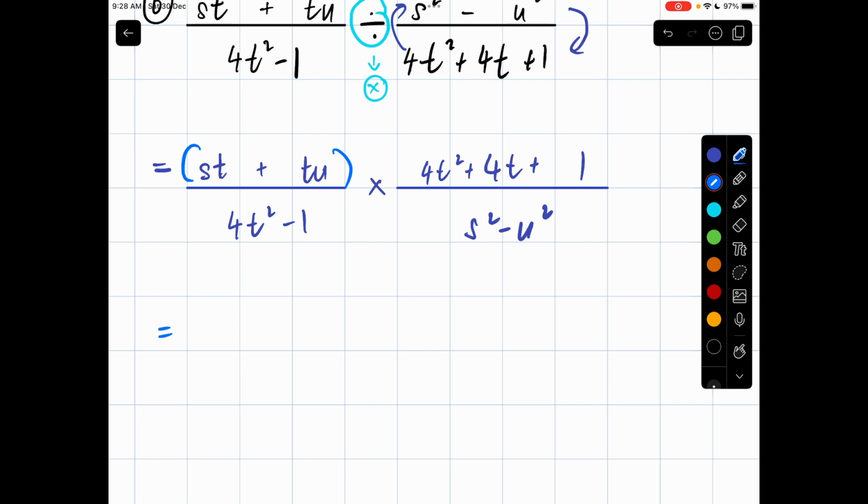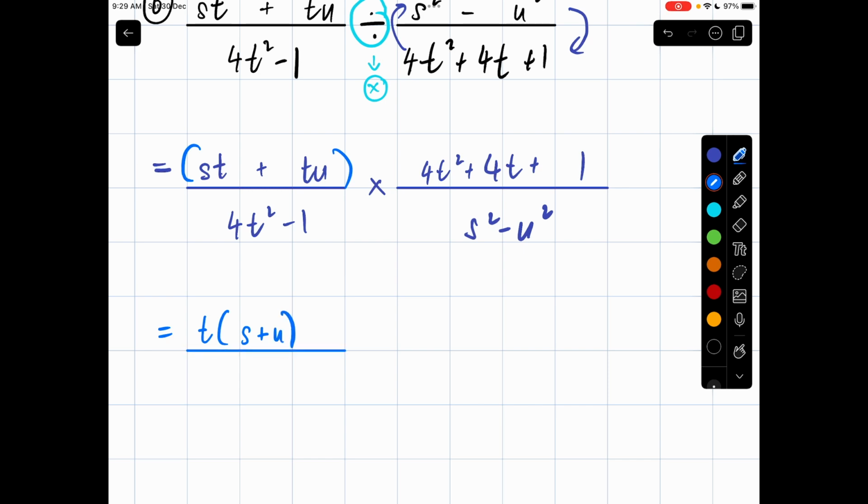What can you take out from it? Can you factorize it? Can you expand it? There's no expansion because there's no bracket, so expansion is off the table. So we have to think in terms of factorization. In st and tu, what is common in both? We have t. So we take out t. Then we are left with s plus u. That's it for the first puzzle.